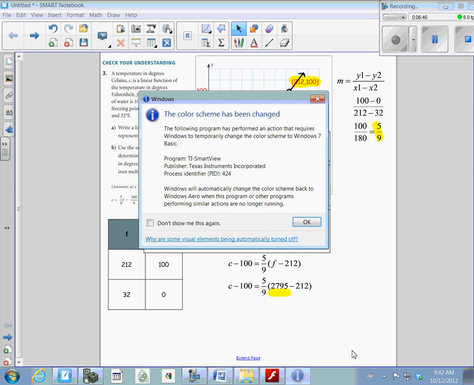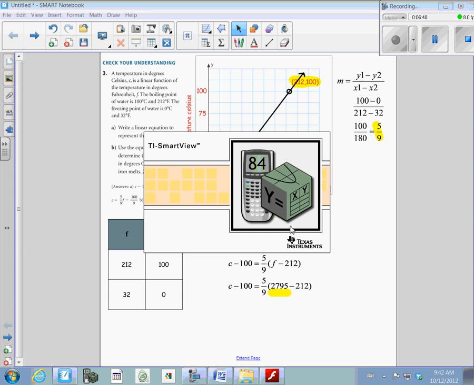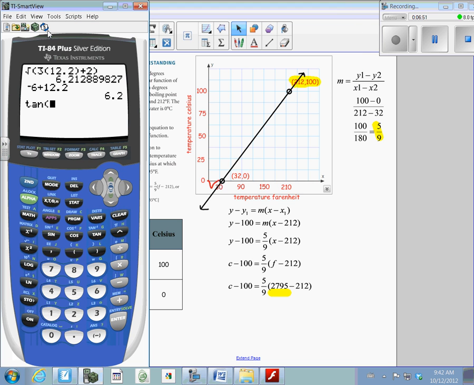So here goes. Be patient with me for a second. Here we go. Okay. So I'm going to calculate the right-hand side first, which is 5/9, and we need to multiply that by the difference of 2,795 take away 212, and what we get is 1435, and then we'll need to move the negative 100 to the right side, so we'll need to add 100 to both sides.